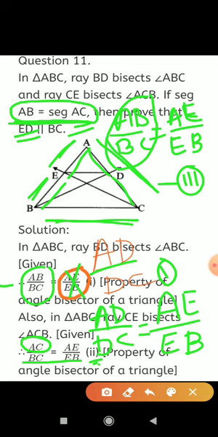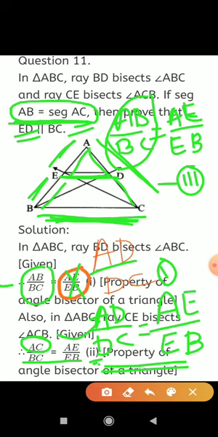So this ratio is according to the basic proportionality theorem, and we know the converse of the basic proportionality theorem: if the ratio is given, we can say that ED is parallel to BC. So we obtain the ratio AD upon DC is equal to AE upon EB. Therefore ED is parallel to BC, and the reason is the converse of the basic proportionality theorem.